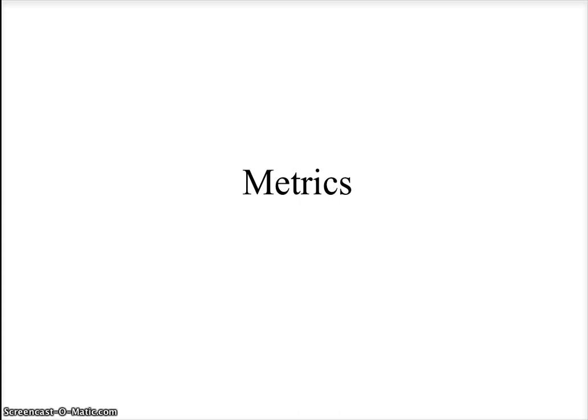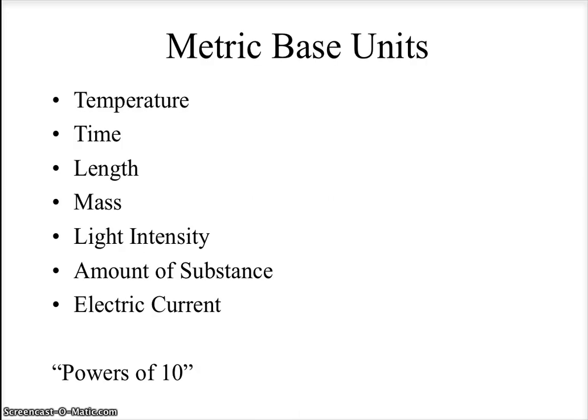So metric units is basically what we're trying to do in order to get across the information in terms of a measurement. So there are some basic metric units. We're going to be taking into account temperature when we get to thermodynamics. Time, we will be getting into very soon.